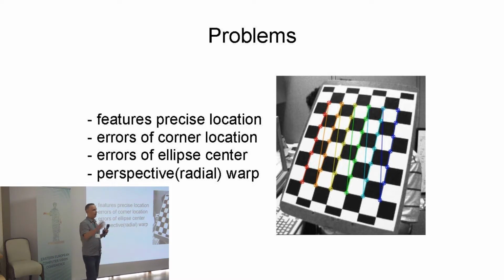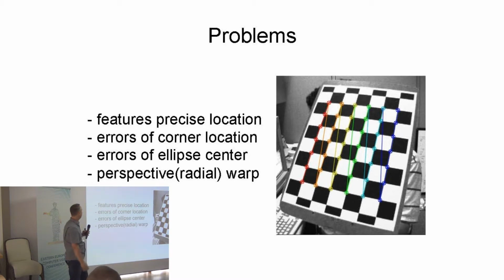It's especially so with the OpenCV implementation and so on. And we have a very big reprojection error, the final error after bundle adjustment between modeled feature positions and observed feature positions.